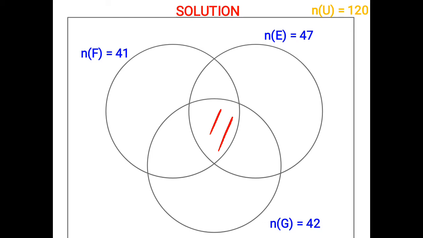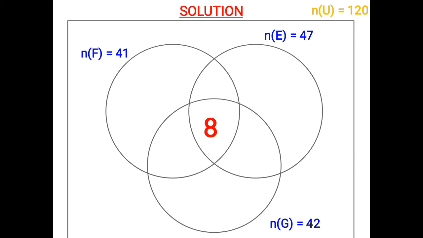So when we keep reading our question, it says 8 students take all 3 subjects, meaning the intersection of all is 8. So we indicate our 8. After we indicate our 8, which is the all, we come to the two-subject regions, not only 2, but 2.